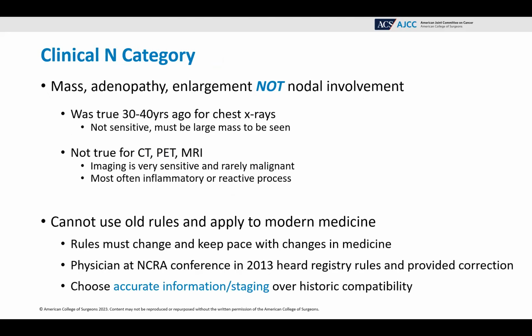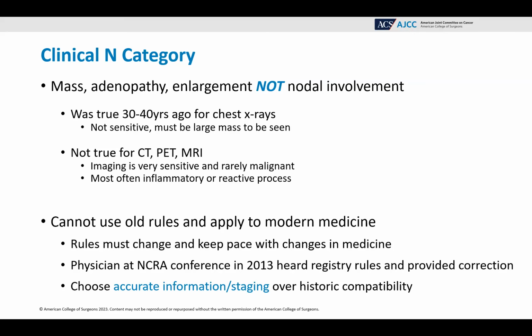The clinical N category: mass, adenopathy, and enlargement are not always nodal involvement. You have to be very careful and not use those terms alone as being indicative of nodal involvement. That was true 30 to 40 years ago for chest x-rays. They were not very sensitive, and a tumor had to be extremely large with a large mediastinal or hilar nodal mass in order to be seen on the x-ray.